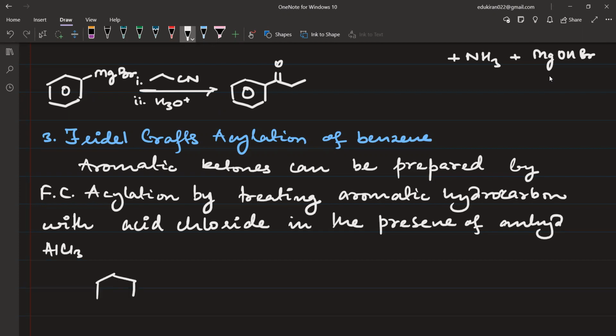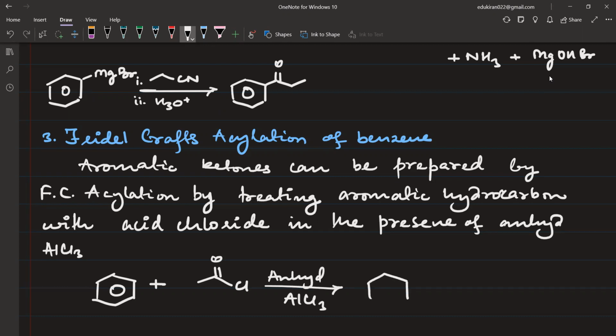So you can have benzene plus CH3C double bond OCl in the presence of anhydrous AlCl3, and you are going to get C double bond O and then CH3.